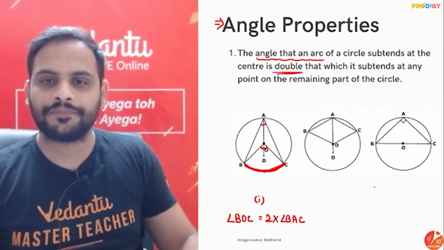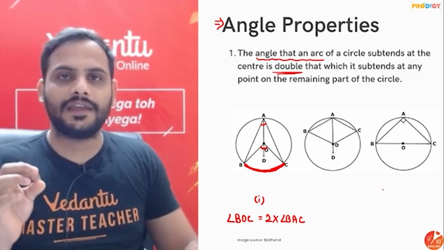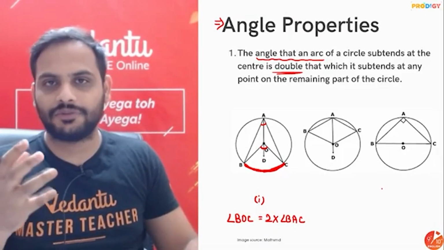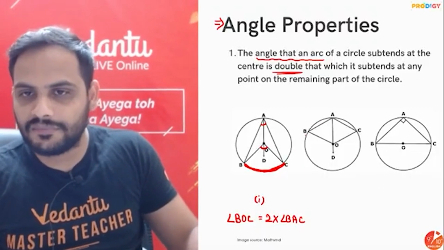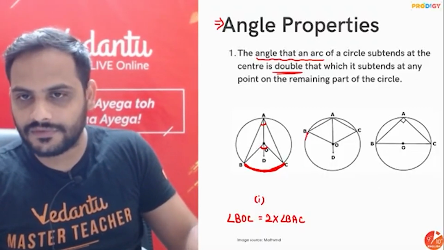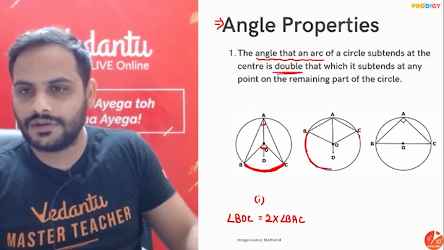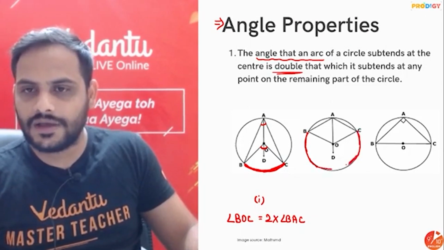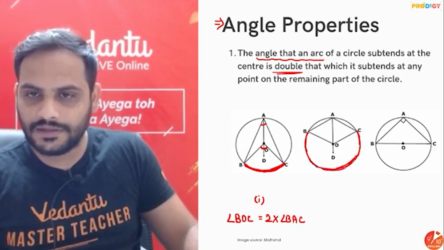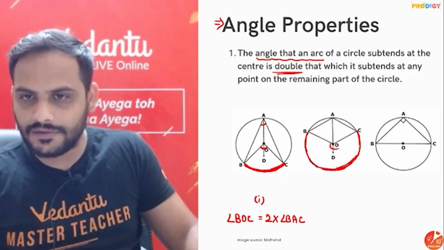As simple as that. Now suppose the arc for which we see the central angle is a major arc, as in the second case. So here the arc at which we are taking the central angle is a major arc.